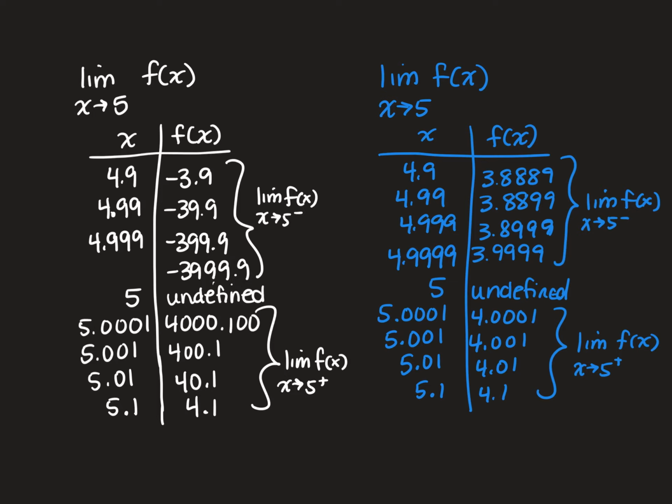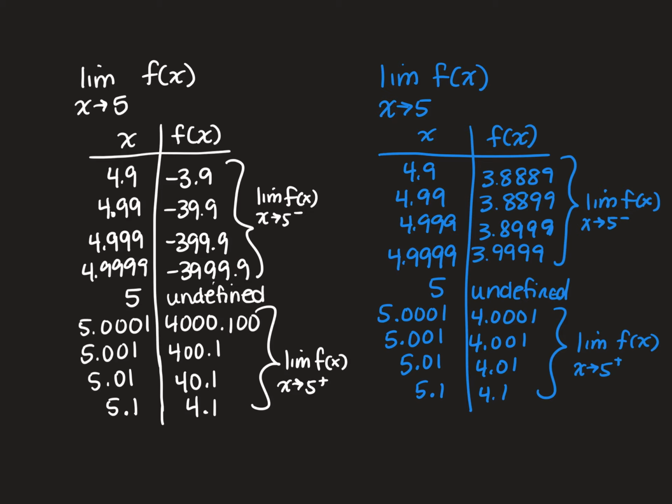What's happening is, and I'm missing a value here for x, let me put that in here, the closer you get to your input value, the closer we get to 5. You'll notice that on the left of 5, the closer we get to 5, our values are just getting larger and larger.